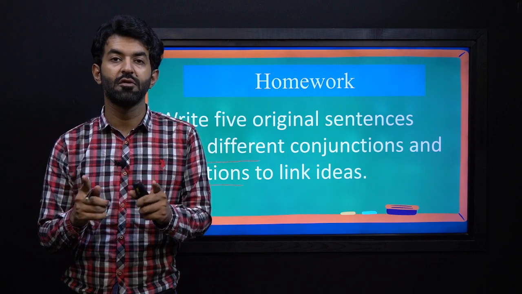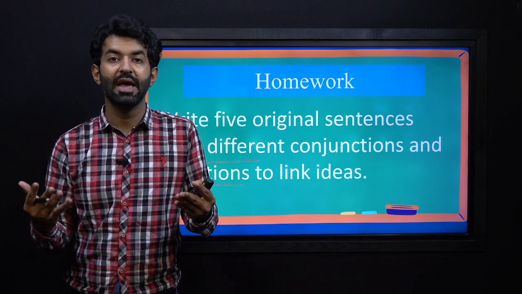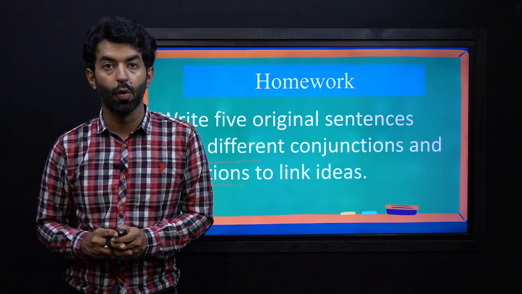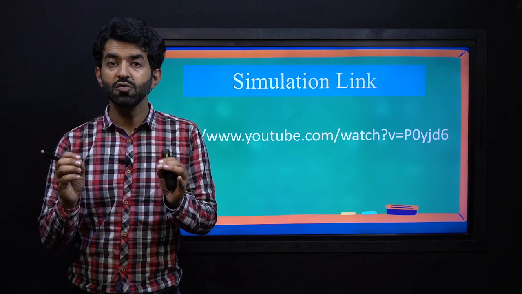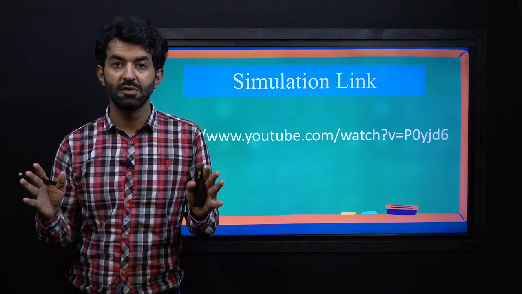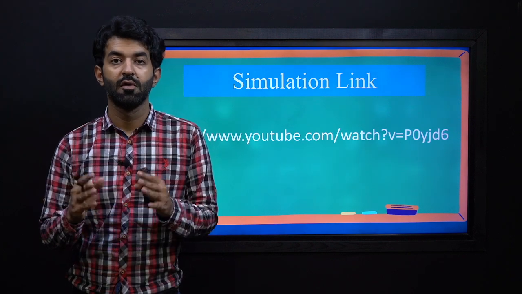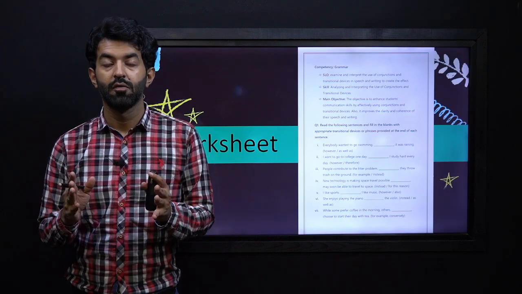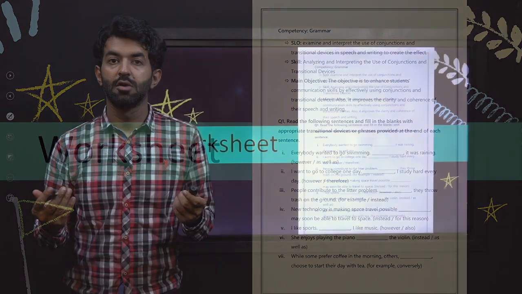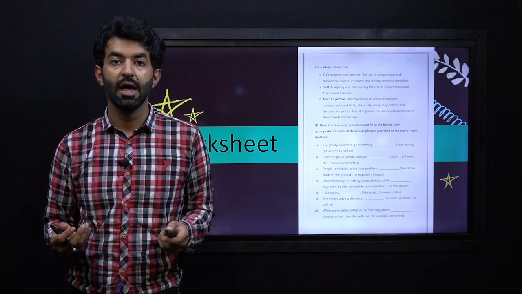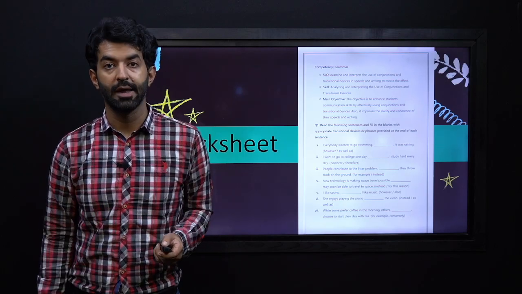And you have to create 5 or you can even create 10 sentences on your own. Here is your simulation link, which includes many different MCQs that you can solve following the video. The worksheet is attached that talks about using the transitional devices and putting them in the right place.